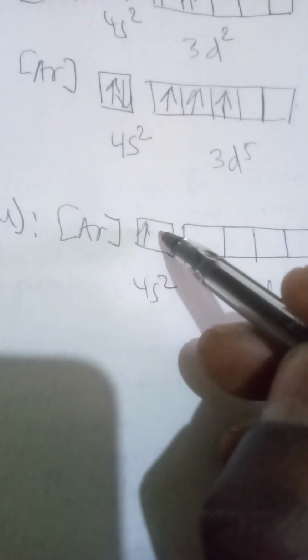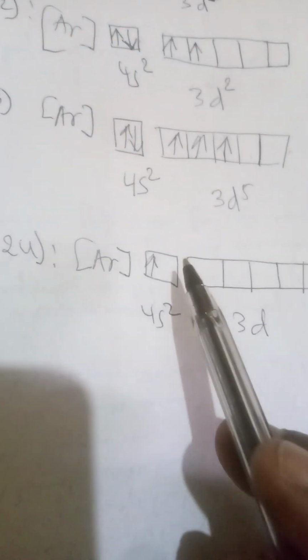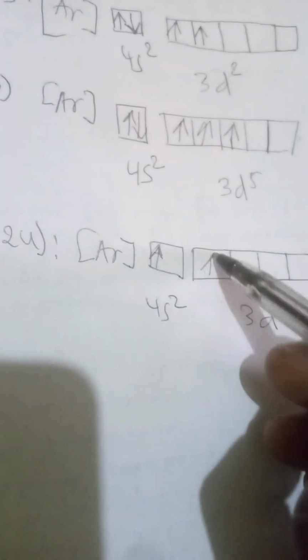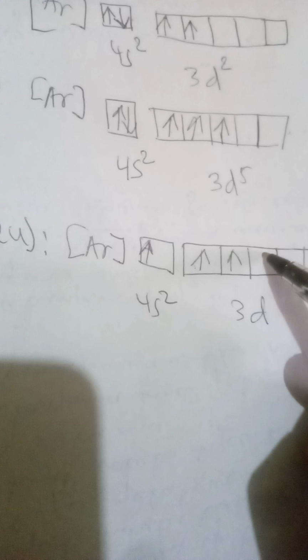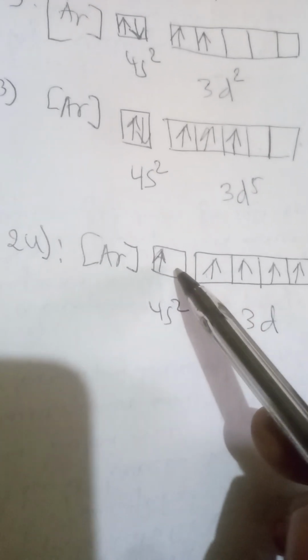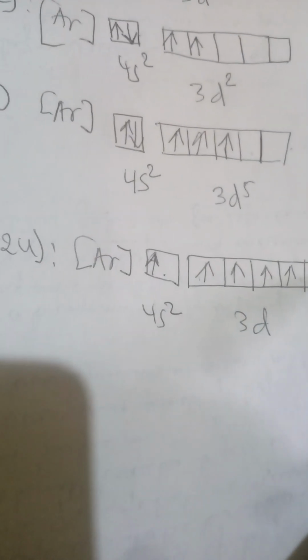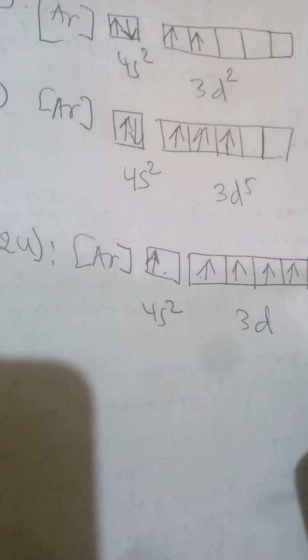It means that here I can put 1 here, but instead of putting the other one, I put 1, 2, 3, 4. Then instead of putting the electron here, which is downward, the electron which must be here can support 3D in order to be stable.